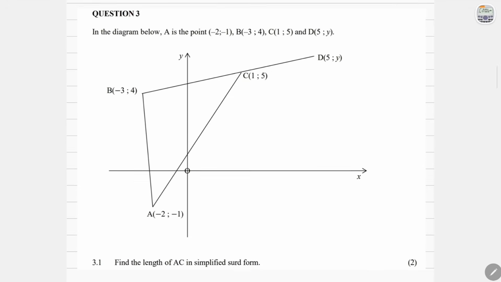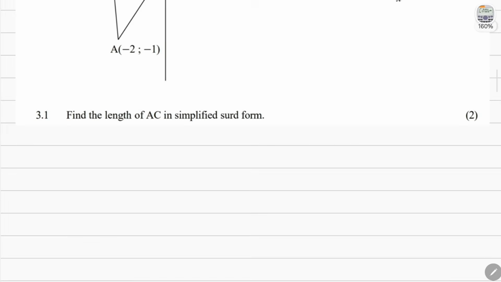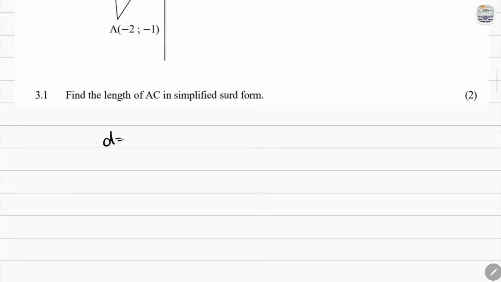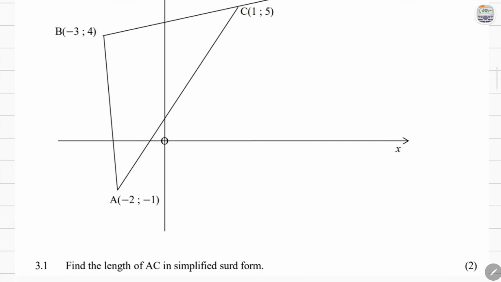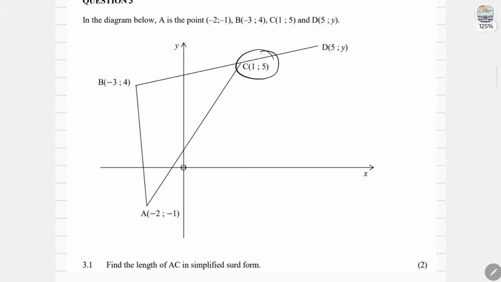So AC. When we have the coordinates, we can just use the distance formula. Distance equals the square root of x2 minus x1 all squared plus y2 minus y1 all squared. So AC equals, and we can take this as the second point, point number 2, and this is point number 1.